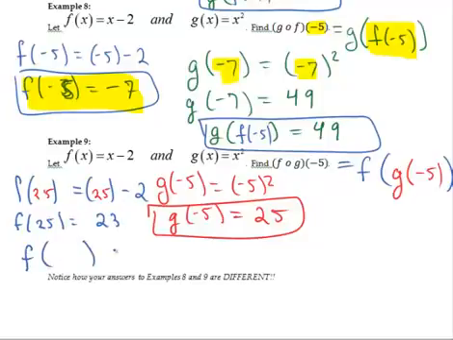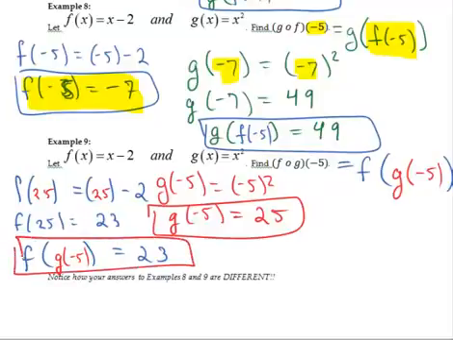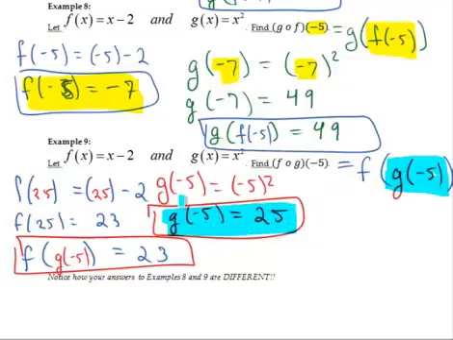So remember what we input was g of negative 5. That is our answer, f of g of negative 5. Again, we input this whole thing, so we had to find that whole answer, and that's what we ended up inputting into our f function.